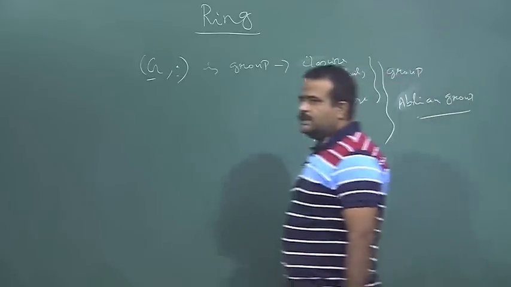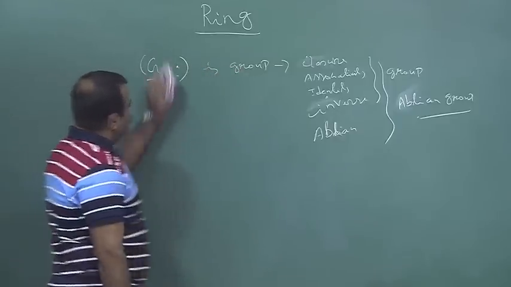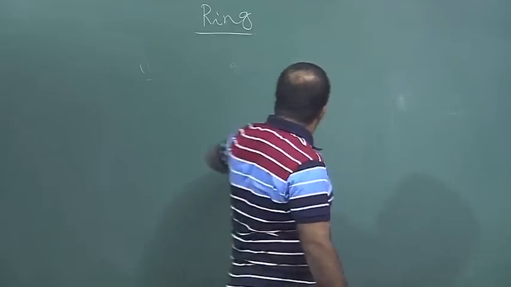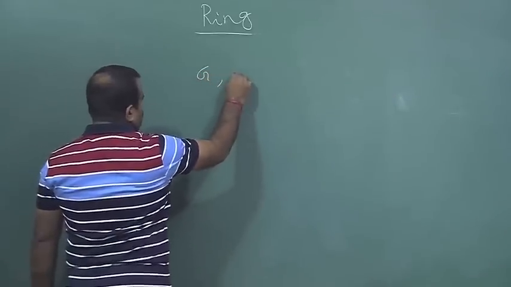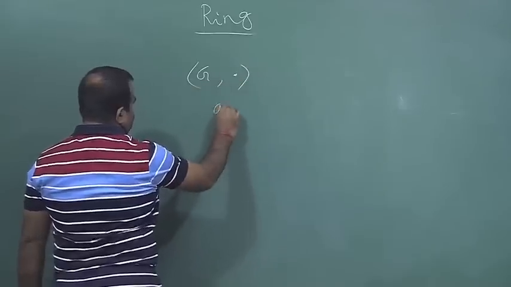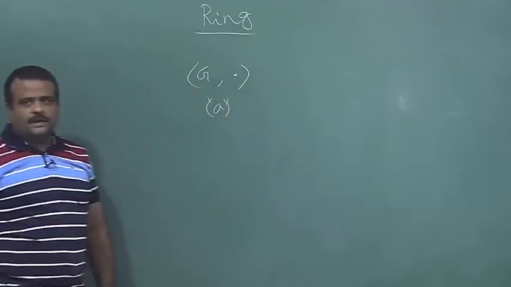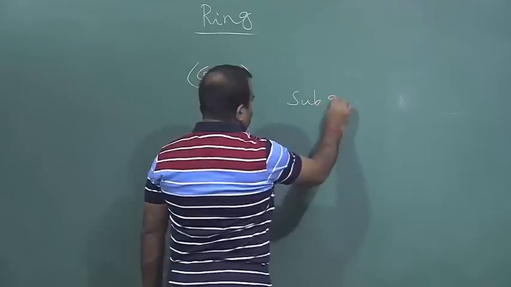Okay. And then we talk about a cyclic group. Basically, it is having a generator A which generates the group. Now we talk about subgroup.